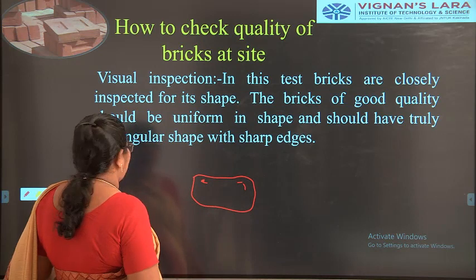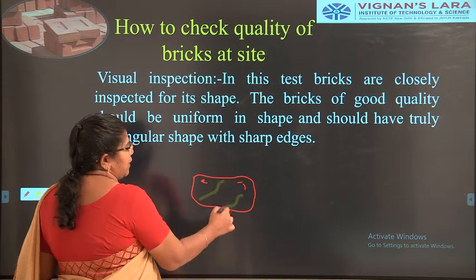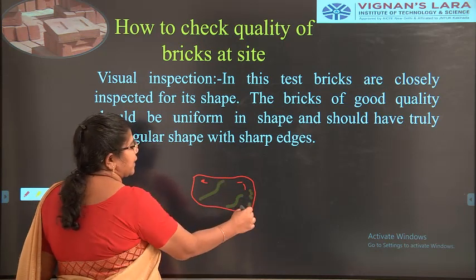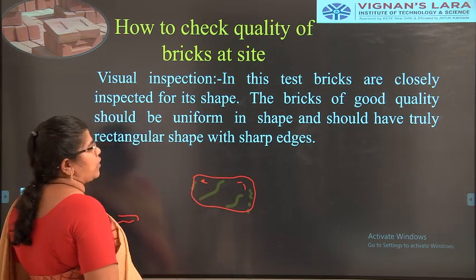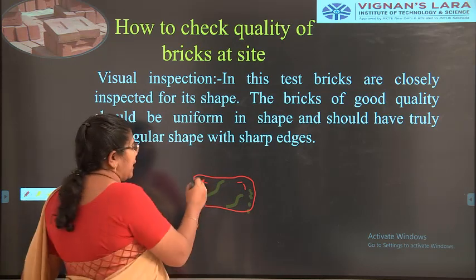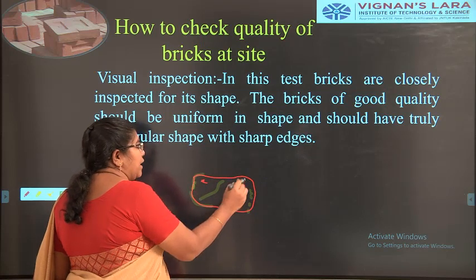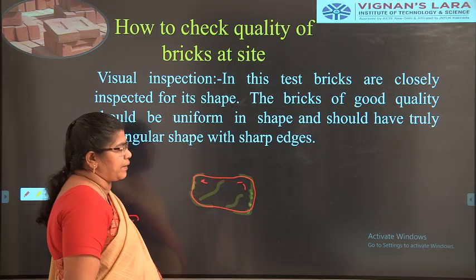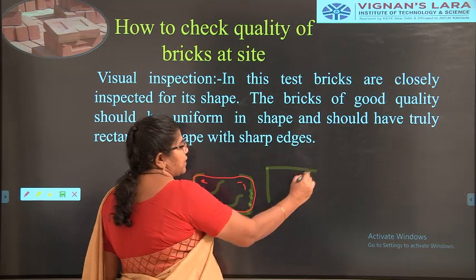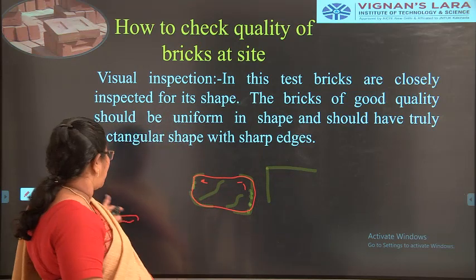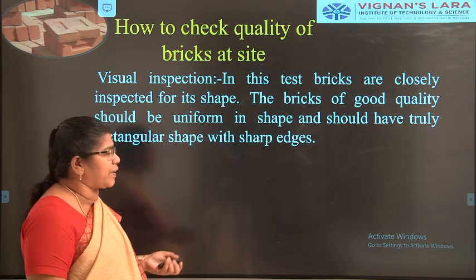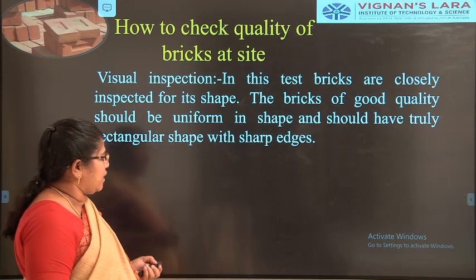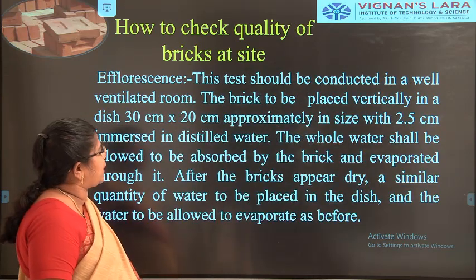If the bricks do not have proper shape and straight corners, we will not use them. So based on visual inspection, we can say whether it is a very good brick with sharp edges. The next one is efflorescence.